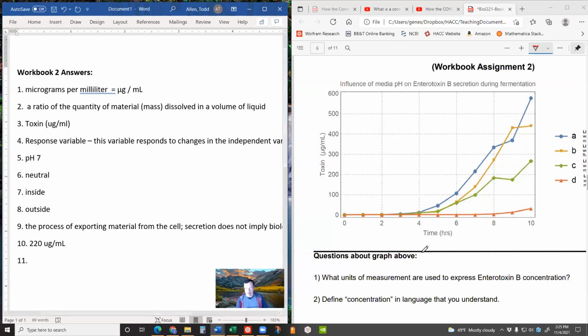Question 11 says, how many additional hours of growth does it take line C to display a secretion value that is greater than the value you answered for question 10? What did you put for your answer? Okay, good, folks.